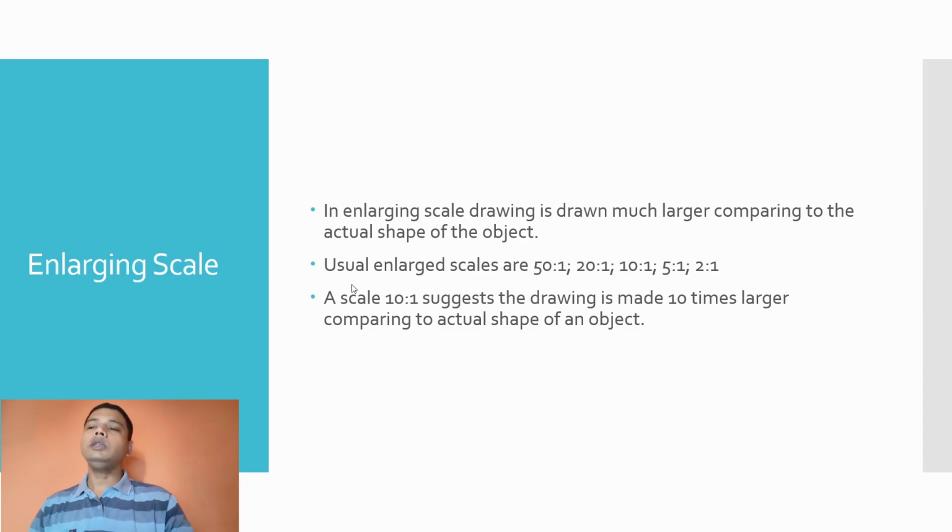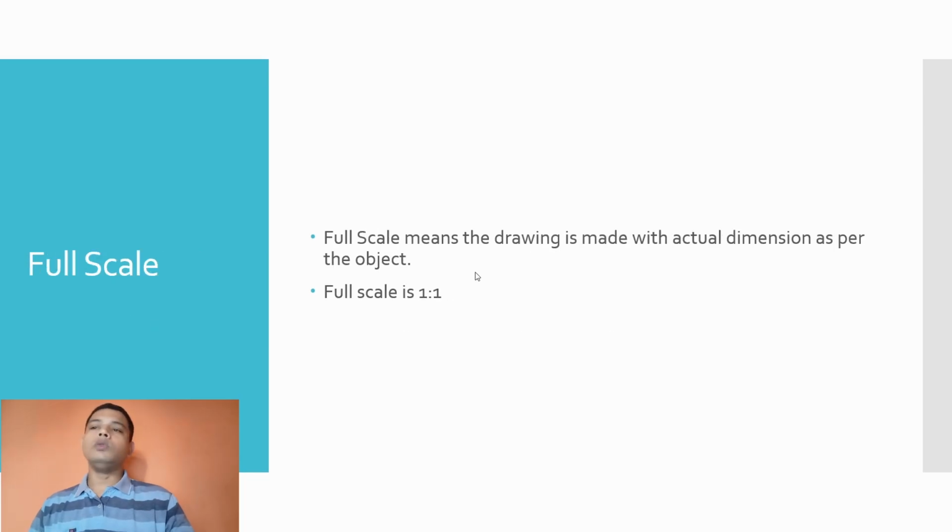Then in that case, you have to put the parts in a much enlarged scale, and the extent to which you are enlarging the true dimensions of the object is called the enlarging scale. Full scale is 1:1. That means full scale means the drawing is made with the actual dimensions of the object.